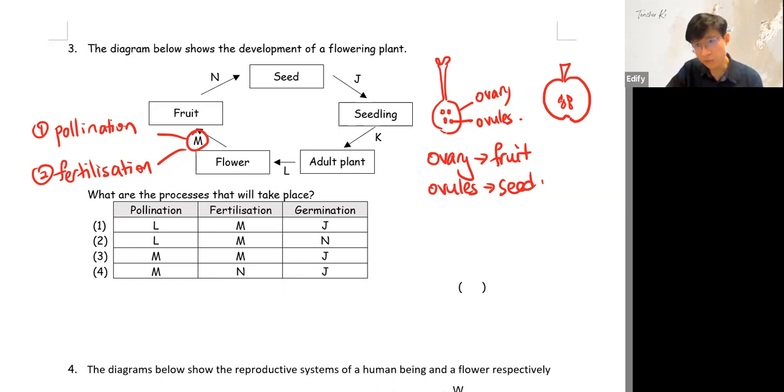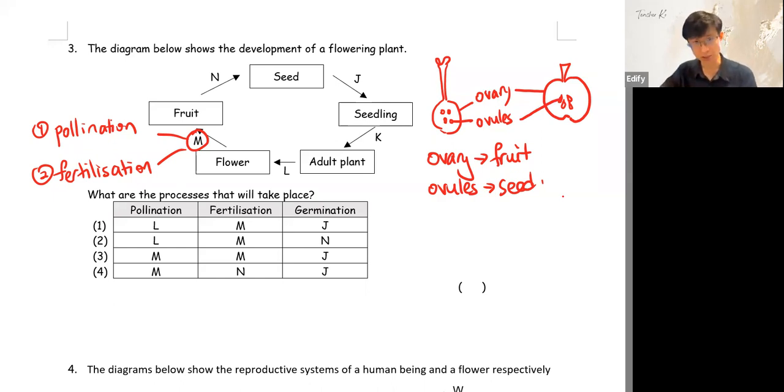Actually, this apple looks very much like the ovary and the ovules. It's just that the ovary has now swollen to become the fruit, and the very tiny little ovules have already developed into the seeds. They are still inside. The ovary is still outside, the one that's swollen, and the ovules are the seeds that are still inside the fruit.